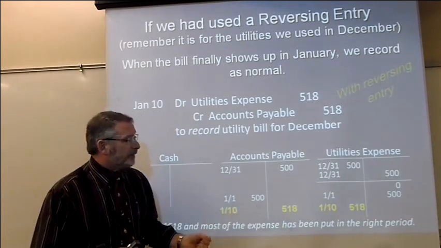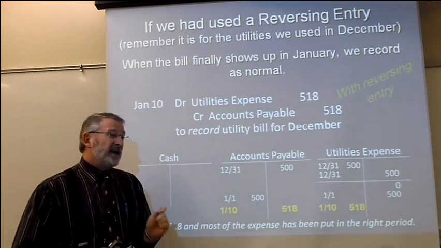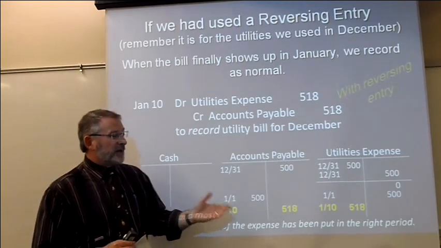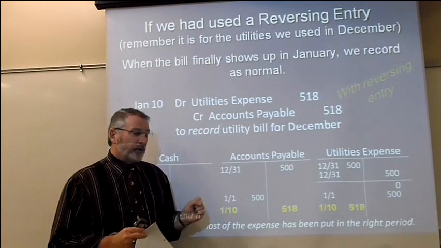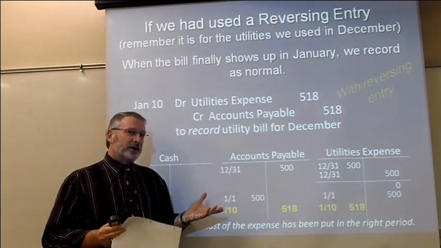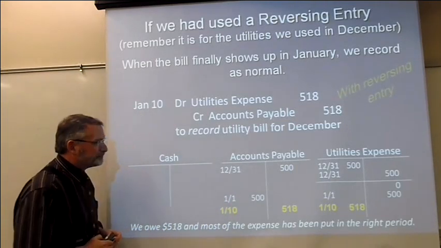That was the bill. The balance now in the utilities expense account is $18. The reason it's $18 is because we didn't know when we did the accrual what the actual bill was going to be. We estimated it at $500. We were pretty close, so $18 is not going to bother us too much.